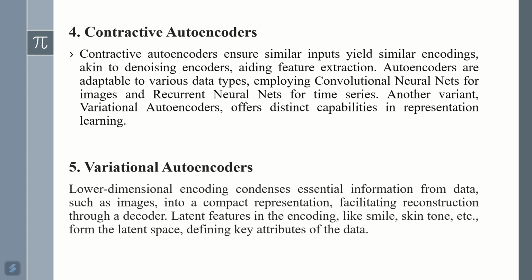This representation makes it easier to reconstruct the original data through a decoder. Think of the encoding as a sort of treasure map where each feature represents something important about the data, like a person's smile or their skin tone. Together, these features form the latent space, which defines the key attributes of the data.